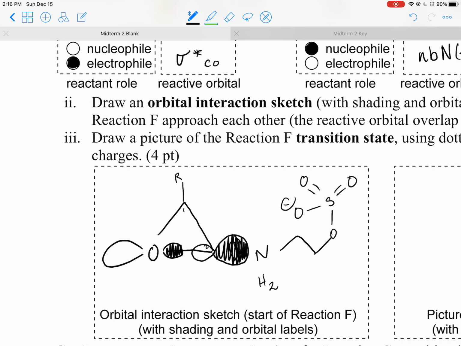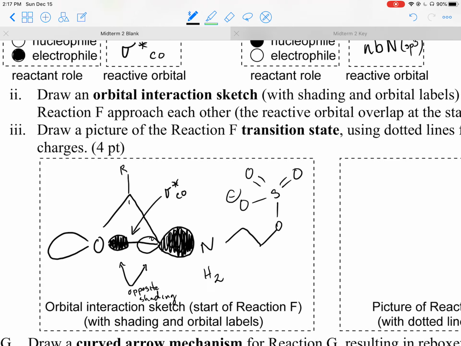So we're going to have the big lobe for the carbon 2 shaded in, and we're going to have the small lobe for the oxygen shaded in. We're showing opposite shading, just to make that super explicitly clear. We're showing opposite shading because it's the sigma star CO reactive orbital. We're breaking that bond.